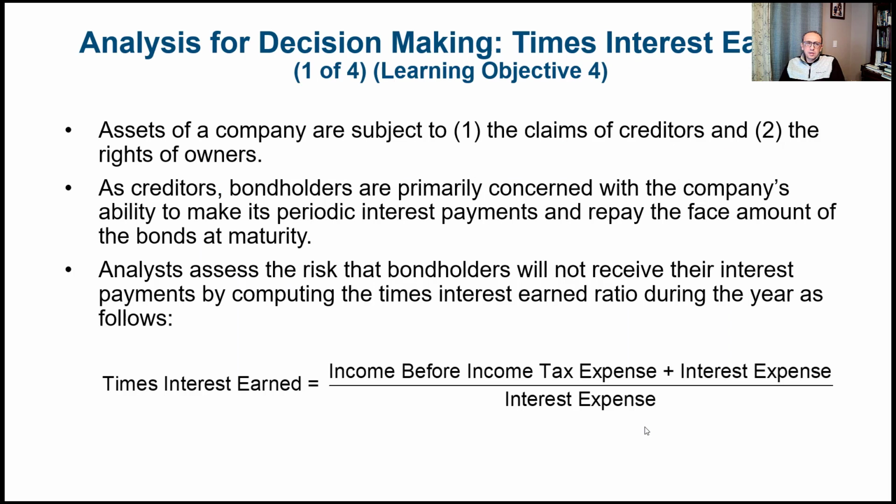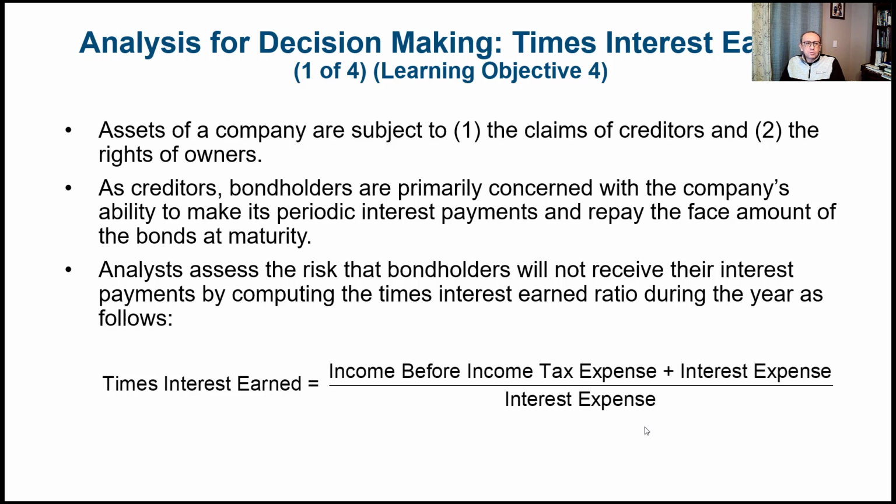The last thing here is doing some kind of analysis for decision making, and the ratio that we're going to learn today is times interest earned. This is a little bit different kind of ratio, but I think it's also useful. Assets of a company are subject to claims of creditors and the rights of owners. As creditors, bondholders are primarily concerned with the company's ability to make its periodic interest payments and repay the face amount of the bonds at maturity.